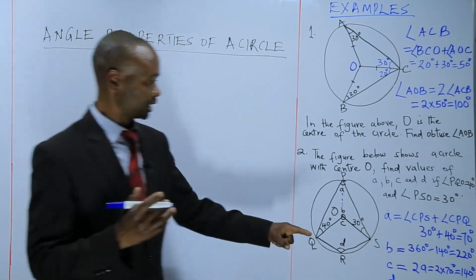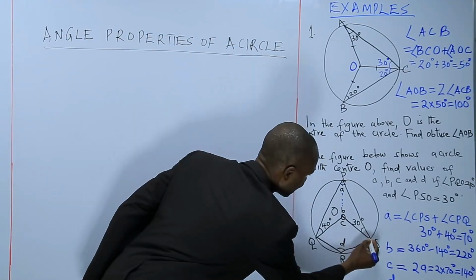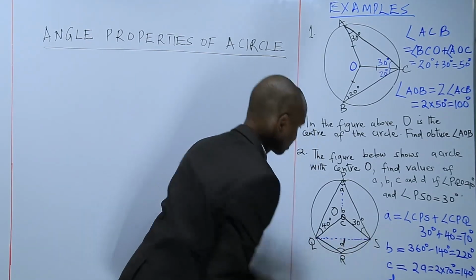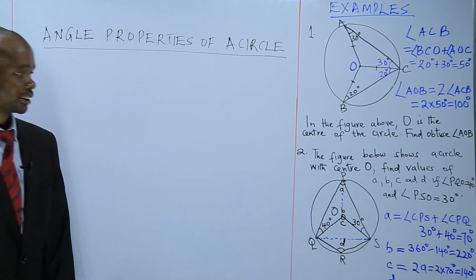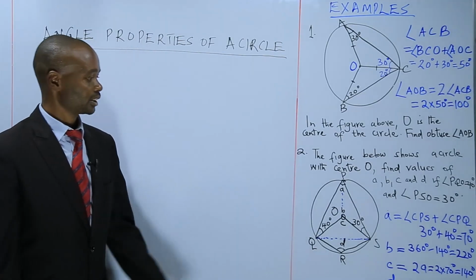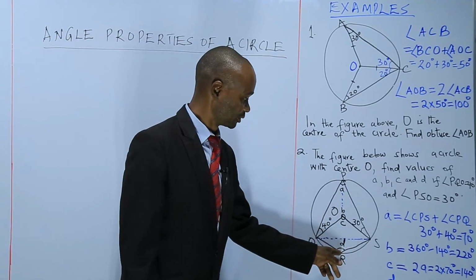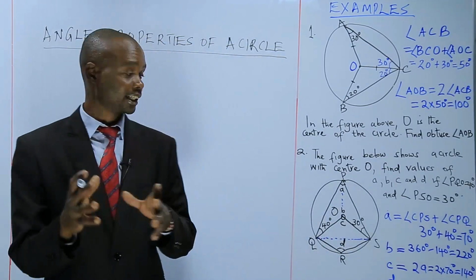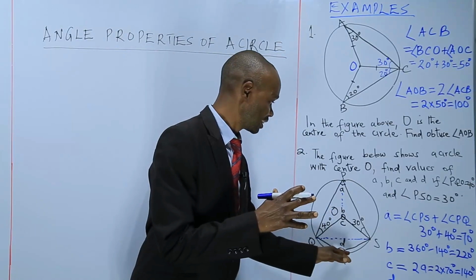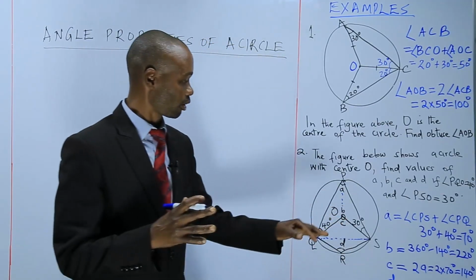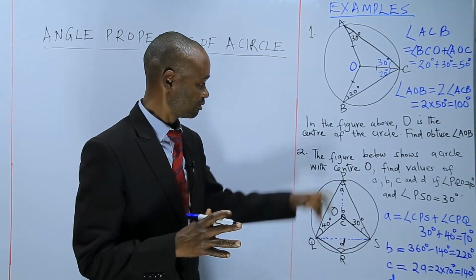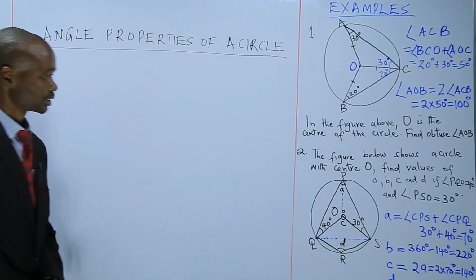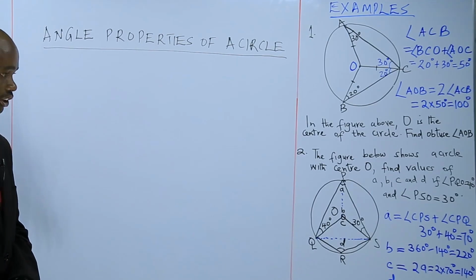To get angle D, you'll create here a chord. That chord is QS. And you'll use a property. The angle subtended by a chord in the minor segment, added to the angle subtended by the same chord in the major segment, they'll give you a value of what? 180 degrees.